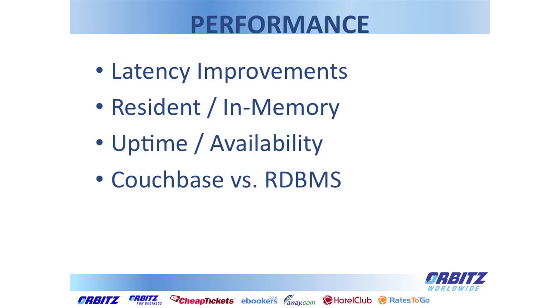And the other performance point was being able to keep things resident in memory as opposed to having to deal with pulling things off a disk all the time. The uptime and availability, I'll get into that as well, and Couchbase versus relational database management systems, or any other SQL, MySQL, Oracle, whatever database you might be using for the back end.